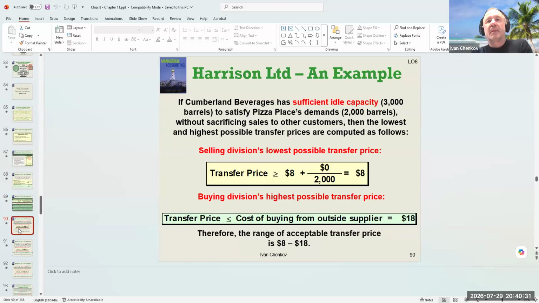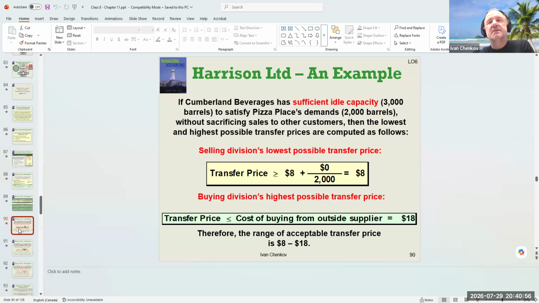First scenario. This company has sufficient idle capacity. As we remember, they can produce 10,000 barrels. Currently, they're producing only 7,000 barrels, so they have 3,000 of spare capacity. With the 3,000 capacity, they can satisfy the demand of the pizza place absolutely.